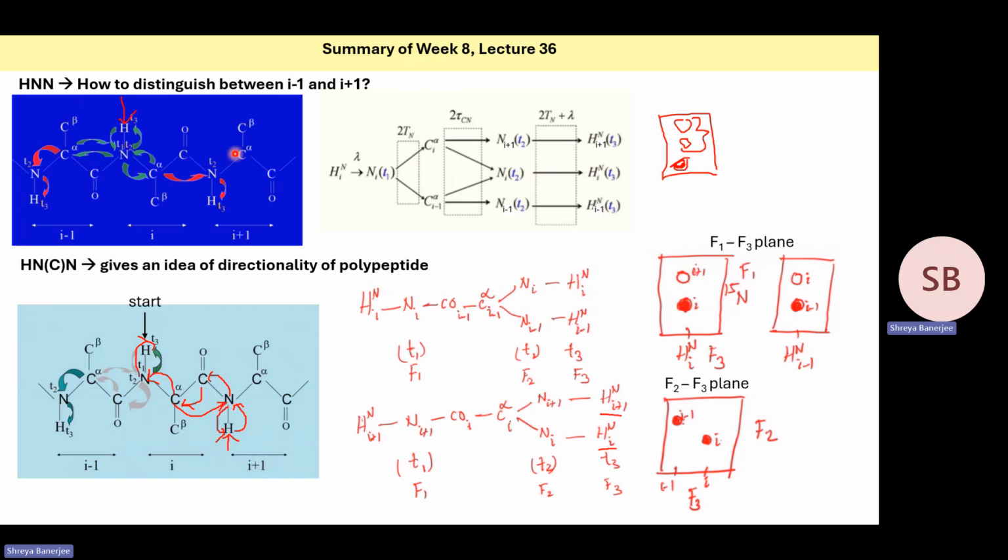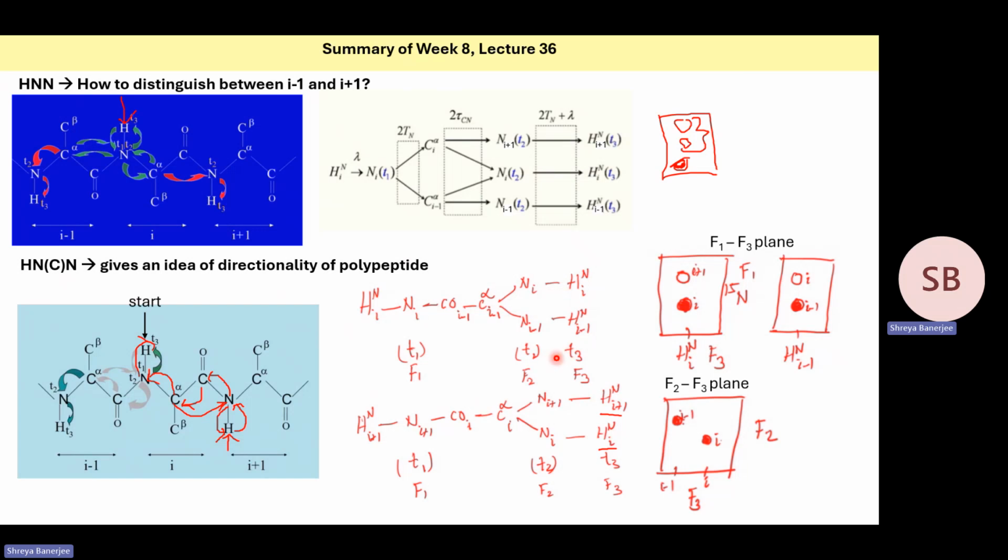Why is that so? Suppose we are looking at the amide hydrogen. So if you look at I, the amide hydrogen that is, let's say, here, you will get the I and I plus 1 peak. And if you look at I minus 1, you will get the I minus 1 and I peak. So what does this mean?